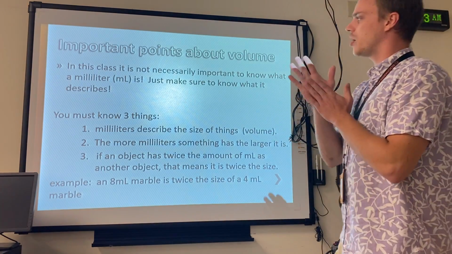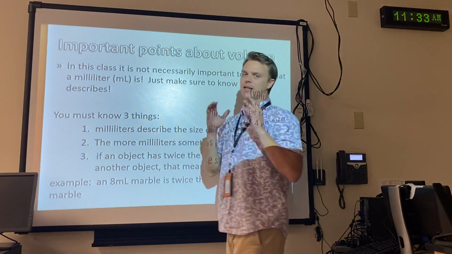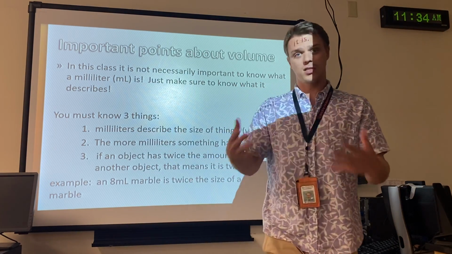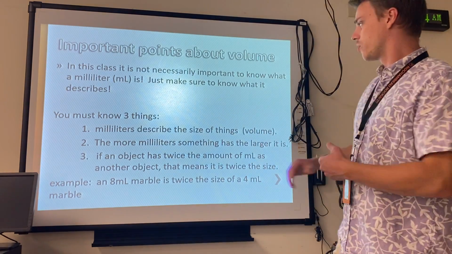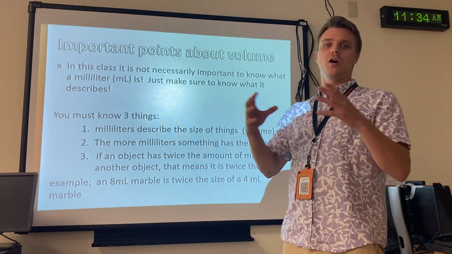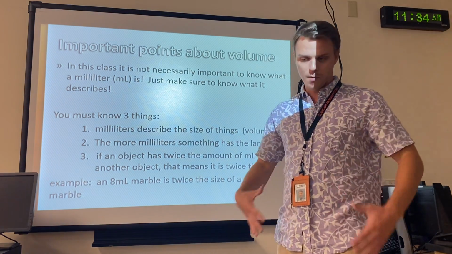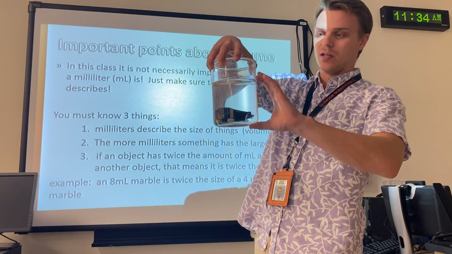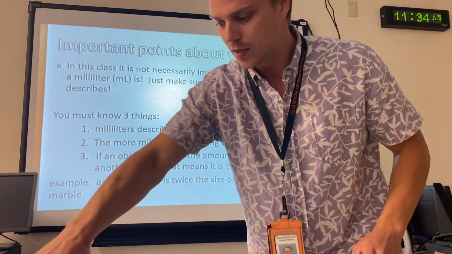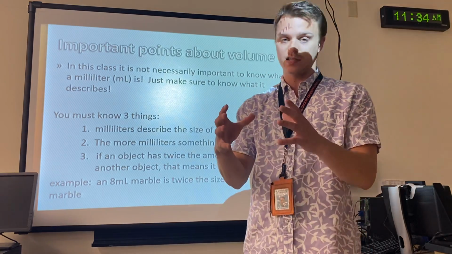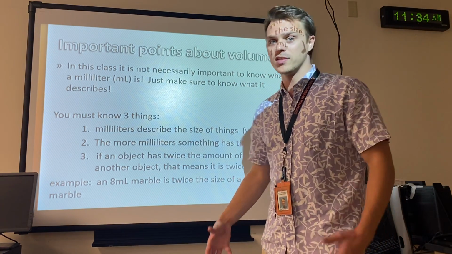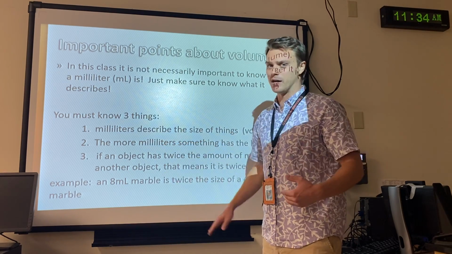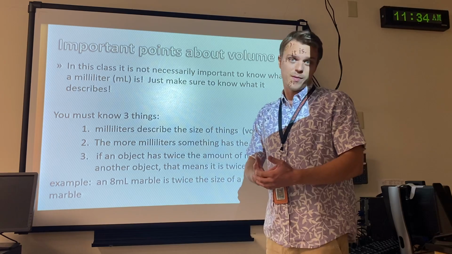So there's really some things that you have to know going into density. First is that milliliters describes the size of an object. All right? So the more milliliters something has, the larger the object is. I have more milliliters of body than this has milliliters of water, right? And a balloon the size of my body would have the same milliliters of volume as my body, or the same size as my body, okay?